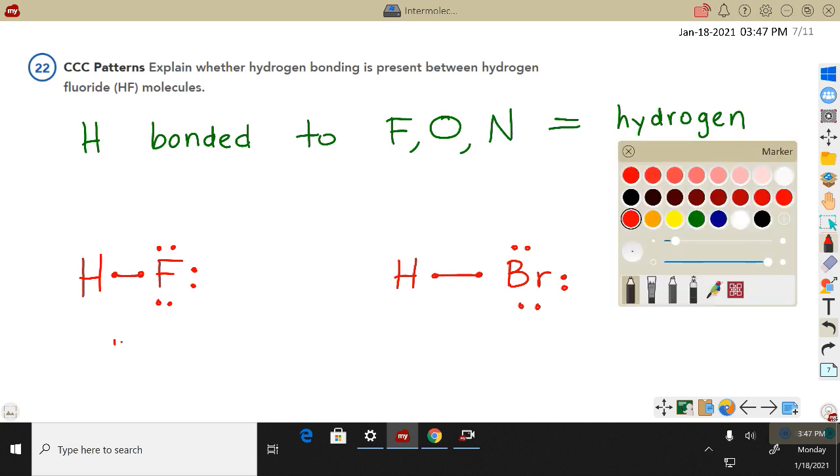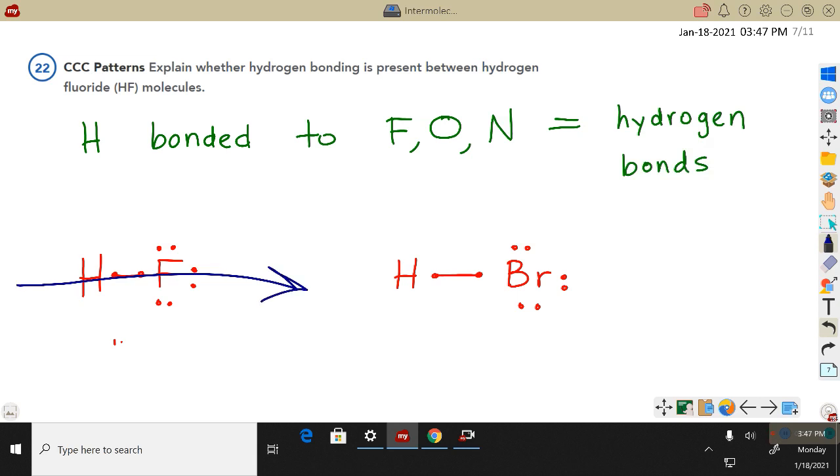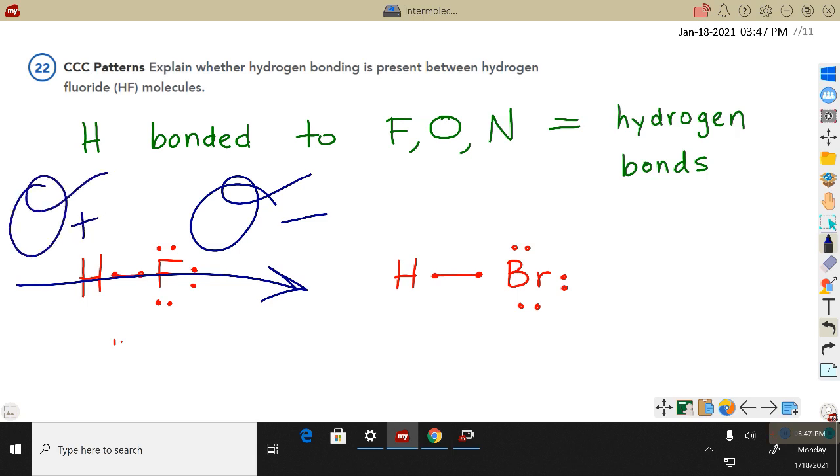So in both cases, the electrons will be pulled toward the halogen, toward the fluorine or the bromine. But here it's a big time difference in electronegativities. That poor little electron on hydrogen is almost completely removed. This bond is as close to ionic as you can get while still sharing the electron. So it makes this region partially negative, but extremely partial negative, and this region extremely partial positive.